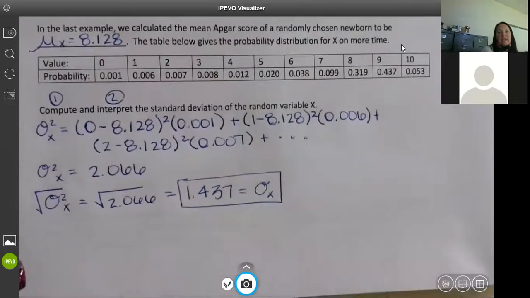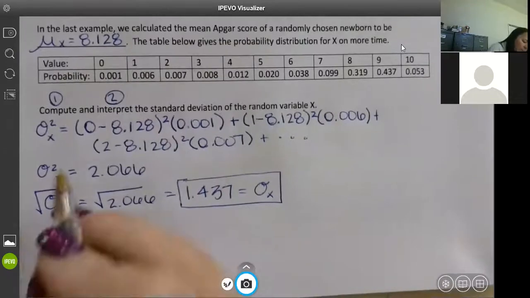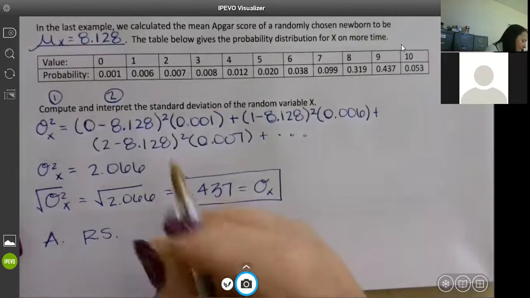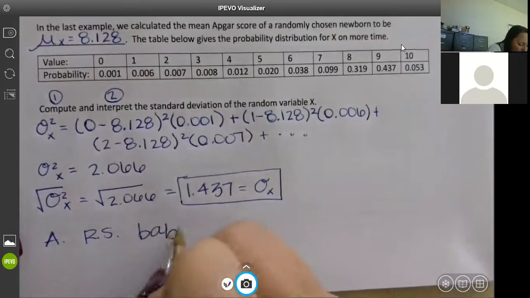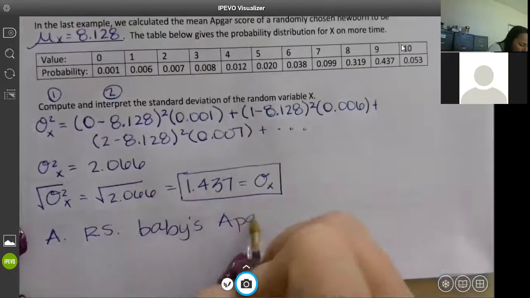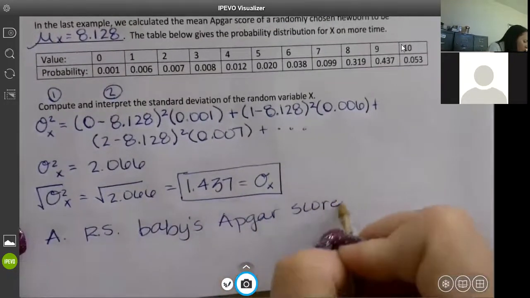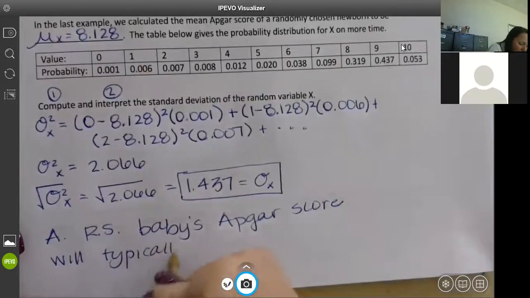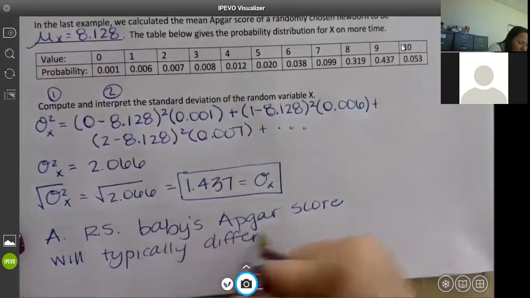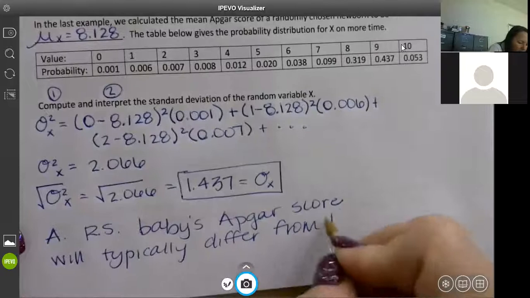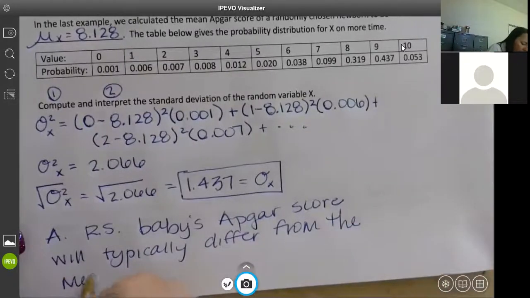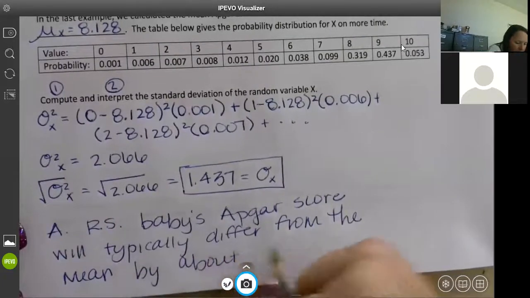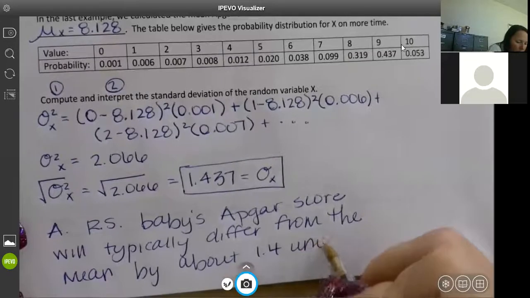Okay, going back to that interpret. A randomly selected baby's APGAR score will typically differ from the mean by about 1.4 units.